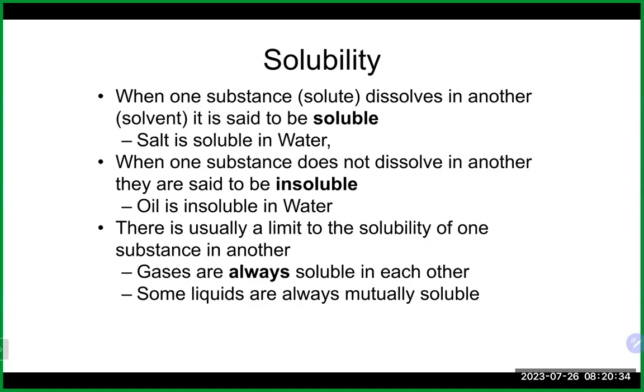There is usually a limited solubility of one substance in another. Gases are usually always soluble in each other, and that is because, frankly, they're flying around, right? As they're flying around, just by that process, they are mixing with each other. So they would be soluble in each other. Some liquids are always mutually soluble in each other. So again, polar and polar.